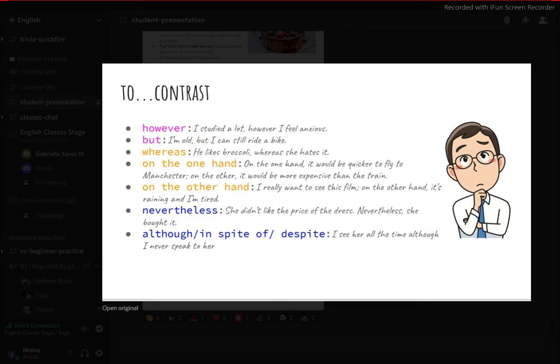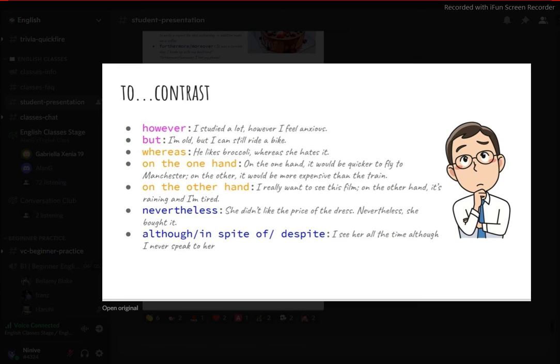So the first one is whereas. Let's read the examples. Example, he likes broccoli, whereas she hates it. So here we are making contrast between a man and a woman. So a man that likes broccoli and a woman that hates it.